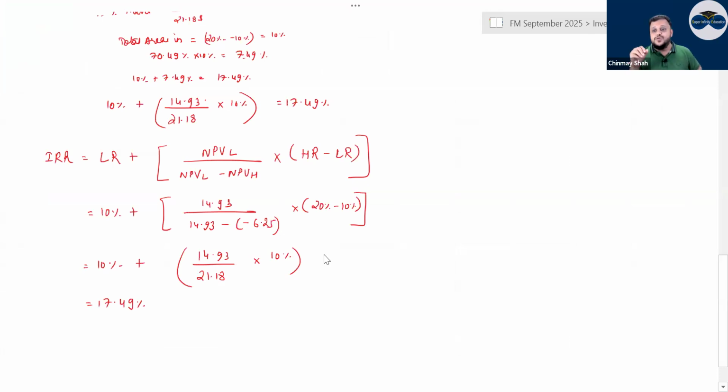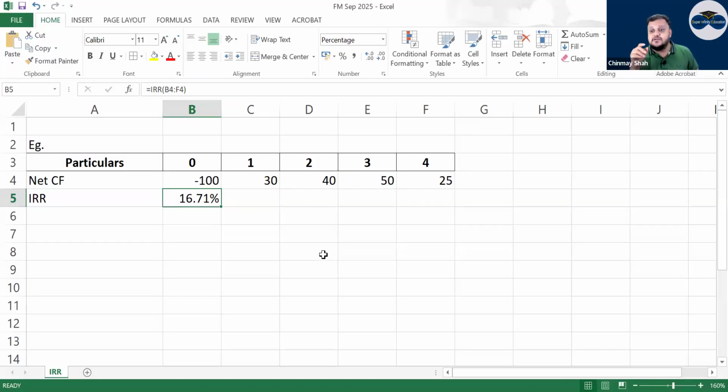But the appropriate answer is 16.71%. So if anyone asks you for the appropriate IRR, 16.71, go to the spreadsheet method. When it says approximate IRR, go to the pen and paper method.